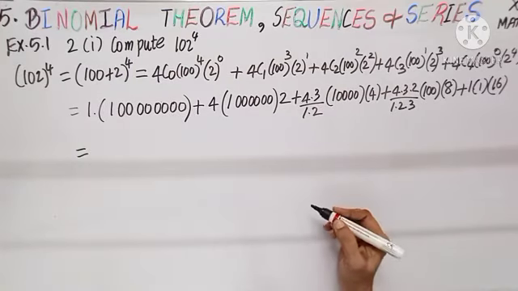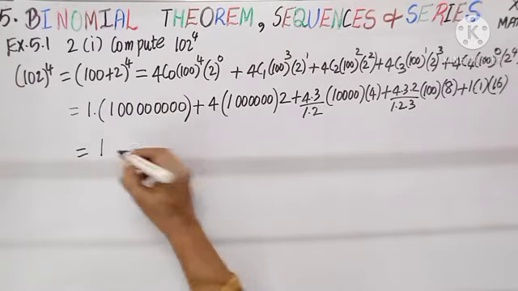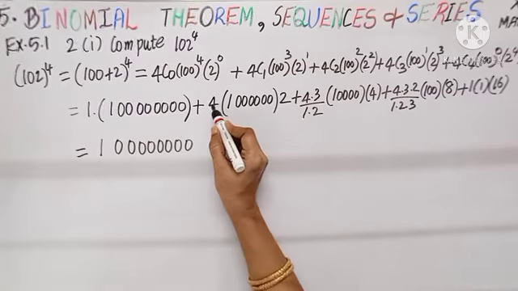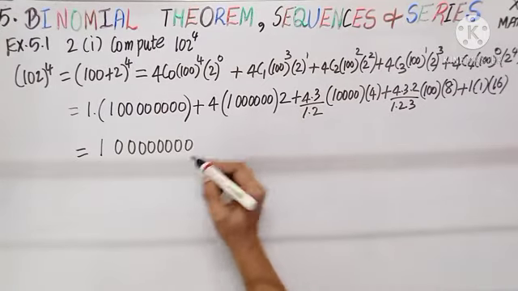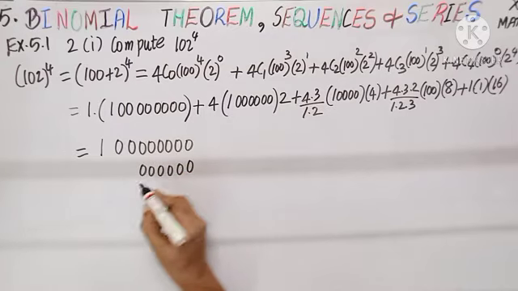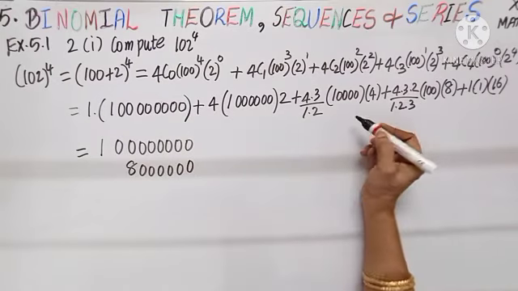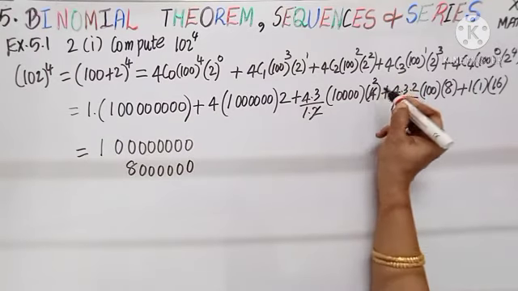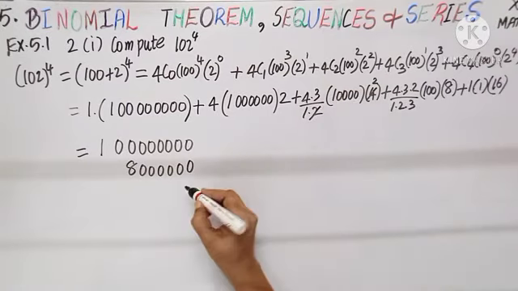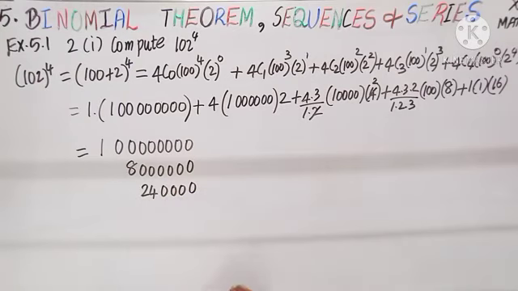As we simplify, 1, 8 zeros, count and place correctly. 4 into 2, 8 and then 6 zeros. 1, 2, 3, 4, 5, 6 zeros. 4 2s are 8. Now this I can cancel 2 times. 2 3s are 6, 4s are 24 and 4 zeros. 1, 2, 3, 4 zeros, 24.